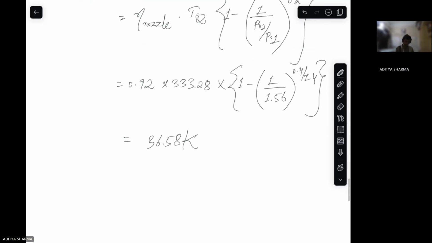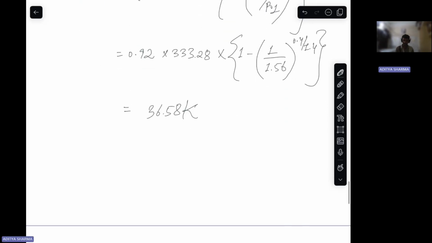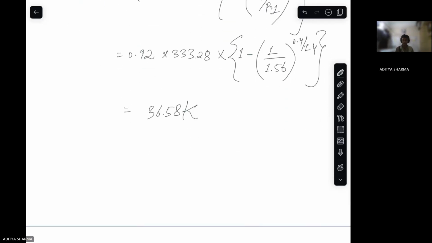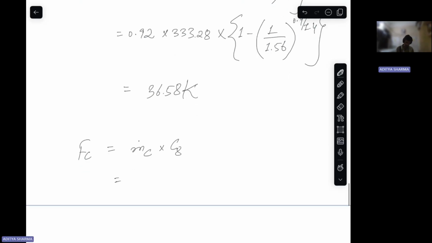Okay. Then we can calculate our FC, which is cold stream thrust, mass flow rate of cold stream into C8. So this is 166.90.